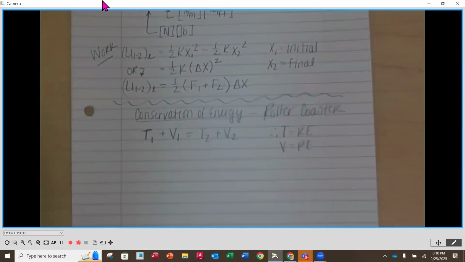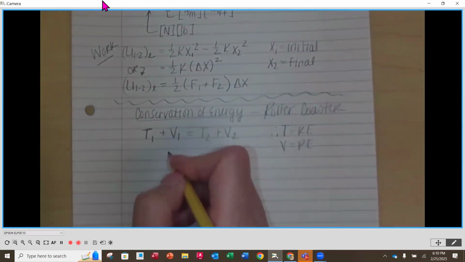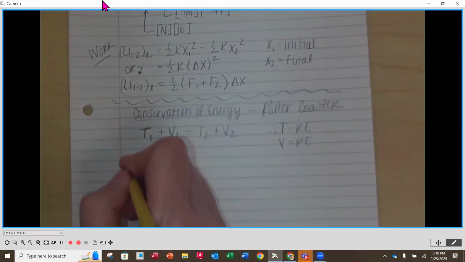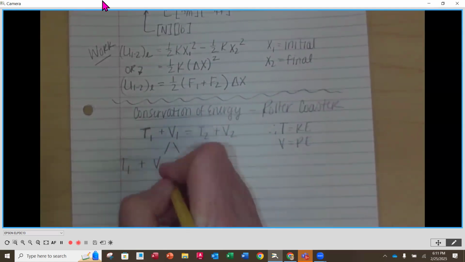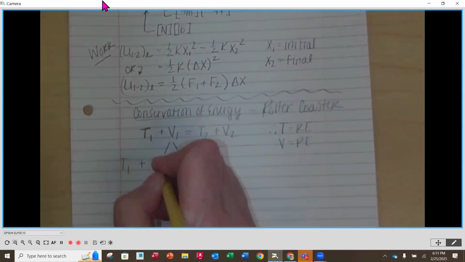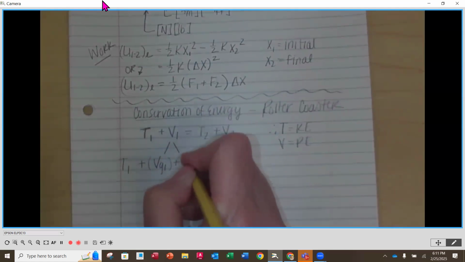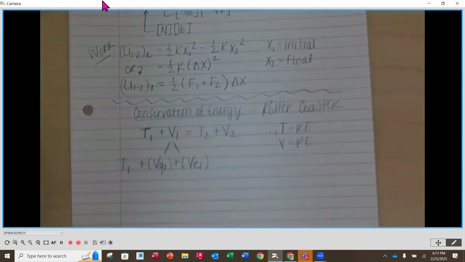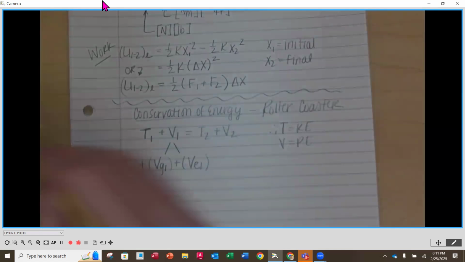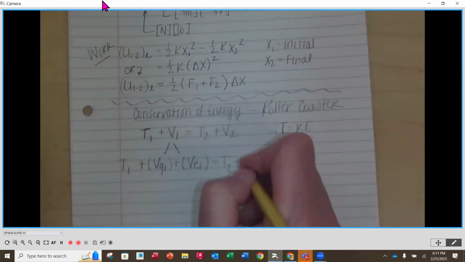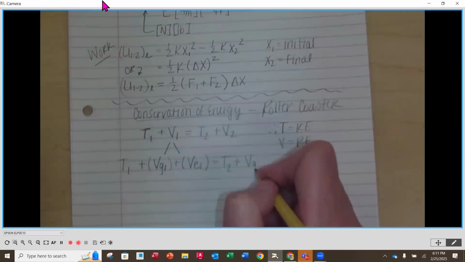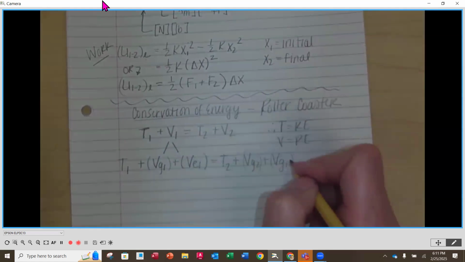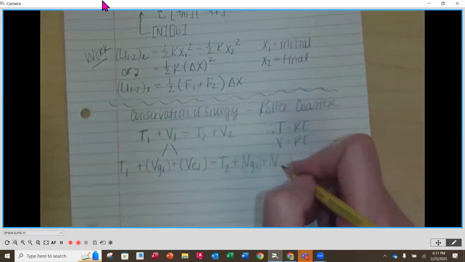Again, initial and final. Now, we can break our potential energy into two things. So I'm going to put the T1 out here, plus we can have gravitational potential energy, and we can also have elastic potential energy, okay? And then equal to T2 plus, and then we would have VG2 plus VE2.